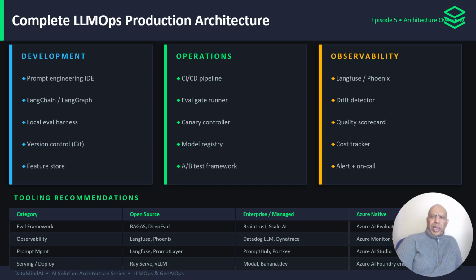Now, the development layer: this is where you author prompts, build chains, and test locally. The key addition compared with traditional software development is the local eval harness. You should be able to run a subset of your test suite locally before pushing a commit.